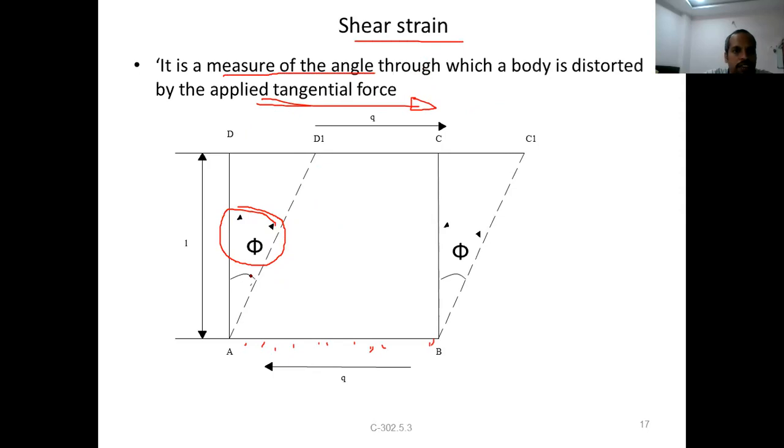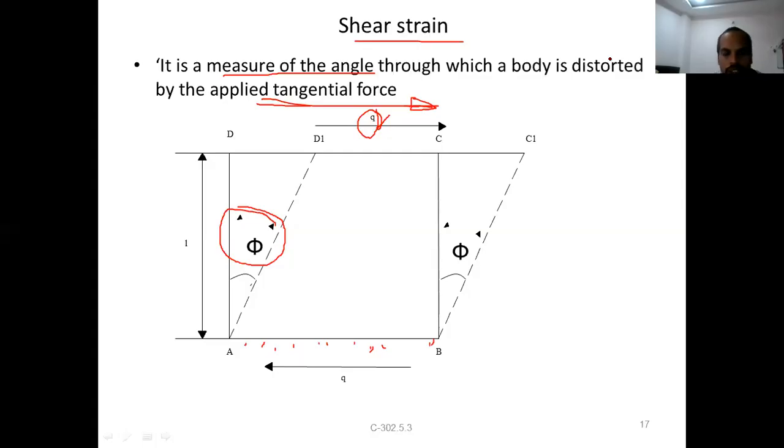It is a measure of the angle through which it is distorted due to this tangential force. Q is nothing but the tangential force in this case. Obviously, on this side also, force Q shall be there along this direction.